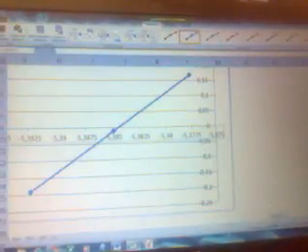I made increments of 0.0025 for the x-axis line. Now I'm going back to 100%. This is 100%.